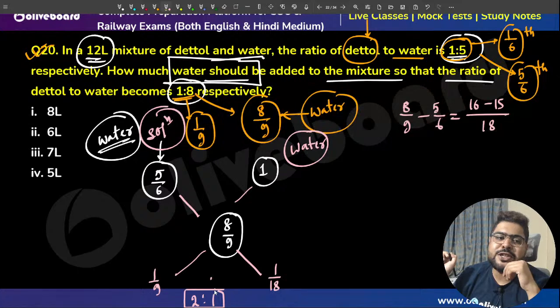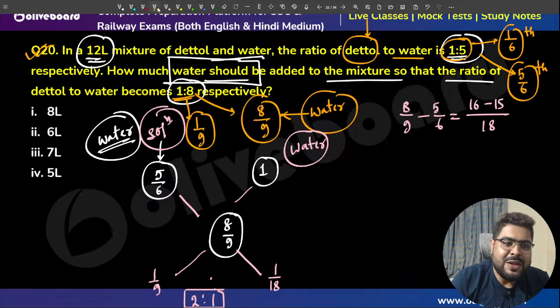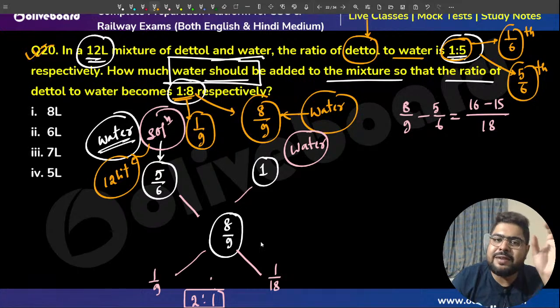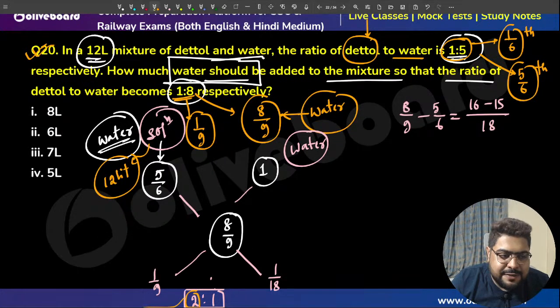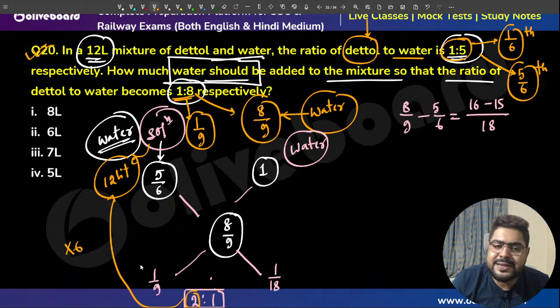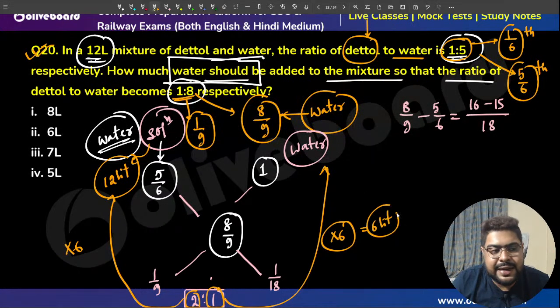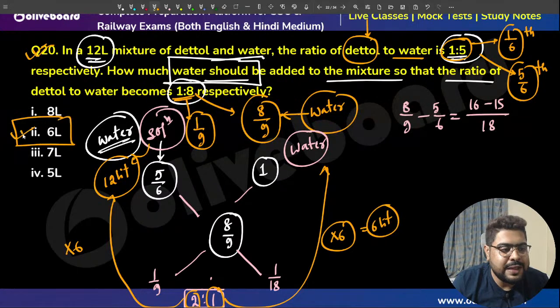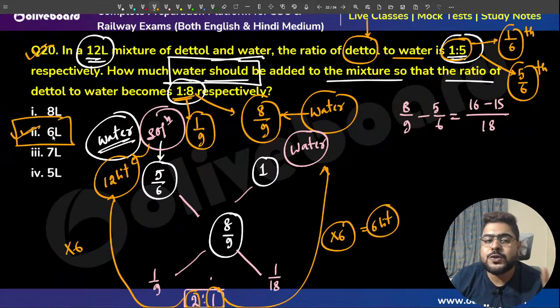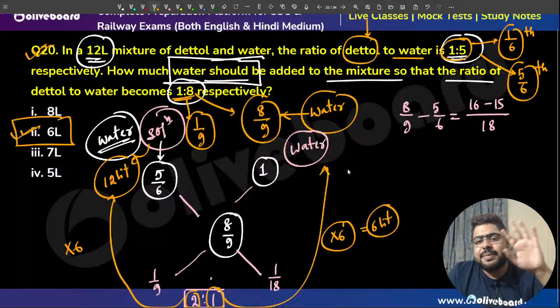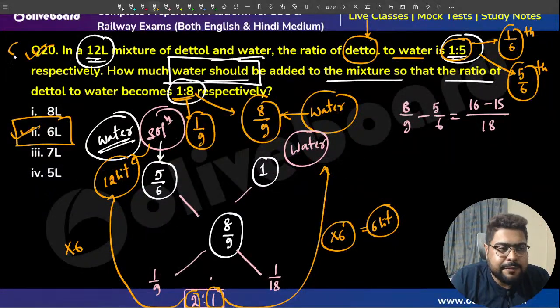That means this was the 12 liter solution. The two parts value is 12 liters, so one part is 6 liters. How much water do I need? I need 1 part of water, so I need to add 6 liters of water, option number 2. Using alligation is by far the best way to solve this type of question.